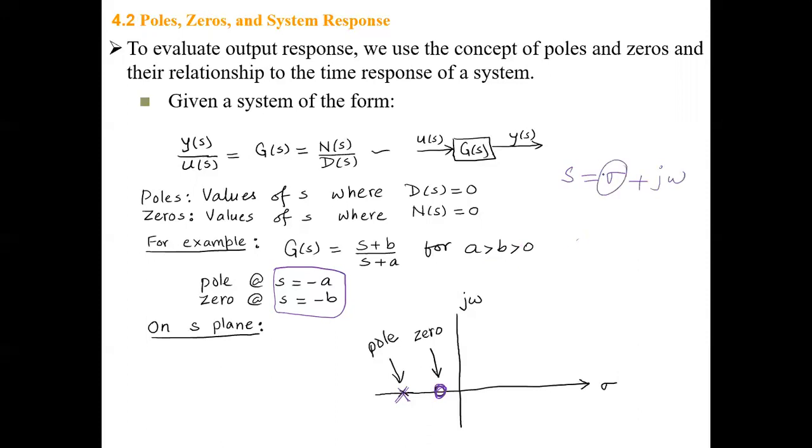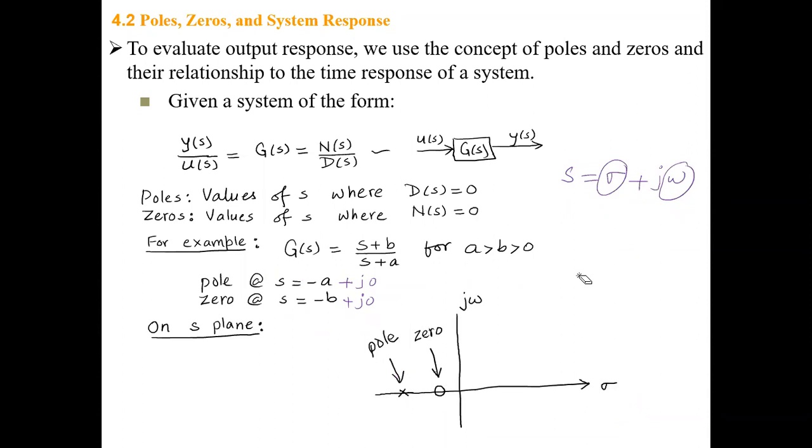Sigma is the real part, omega is the imaginary part. That's why I have sigma here and j omega here. Minus a can be written as minus a plus j times 0. Minus b plus j times 0, right? So that means these stay on the x-axis.